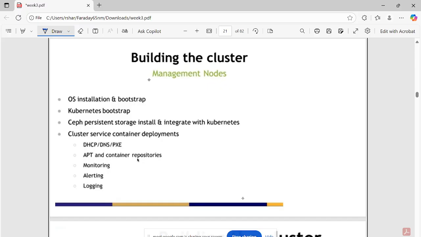When we are trying to develop our own cluster, we must have one management node, which has the OS installation and Kubernetes bootstrap. We have to install and integrate, and then there are certain containers, with Kubernetes and cluster services container development.